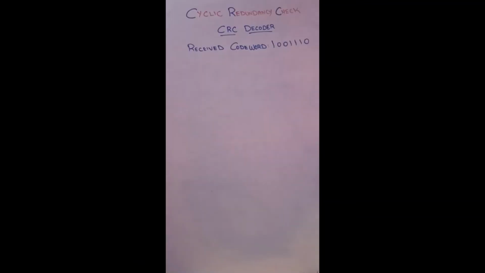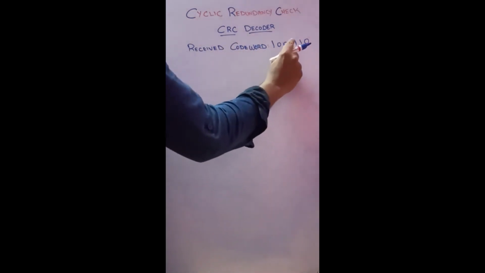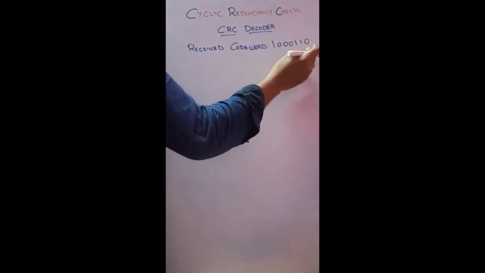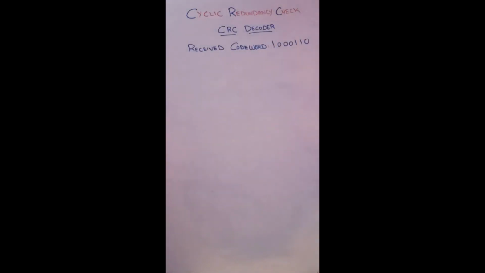Okay, students, now look into the scenario. We're going to perform the same CRC decoding operation, but now the actual code word that we have received has been corrupted during the transmission, and the received code word is now changed into 1000110. Due to some noise during the transmission, the received code word is now 1000110.